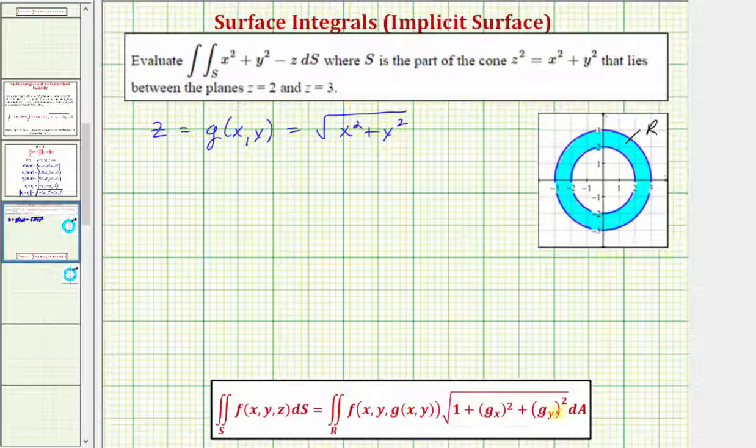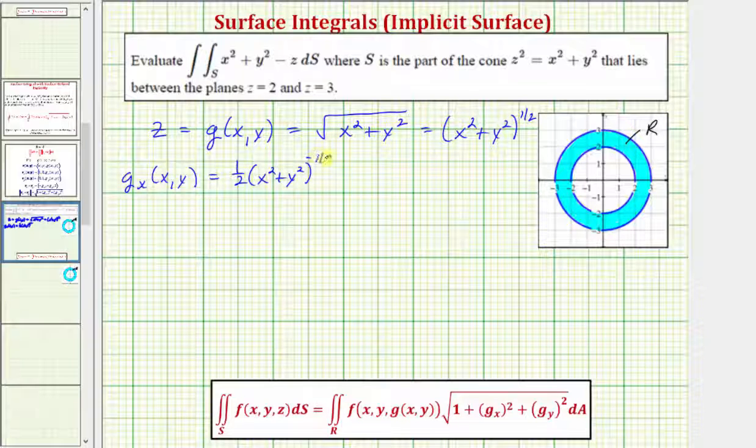So now looking at our formula below, for our next step we'll find the partial derivatives of g with respect to x and y. Of course, if we want to, we can rewrite this as the quantity x squared plus y squared raised to the 1/2. So the partial derivative of g with respect to x is equal to the derivative of x squared plus y squared raised to the 1/2 with respect to x, which would be 1/2 times the quantity x squared plus y squared to the 1/2 minus 1, which gives us negative 1/2.